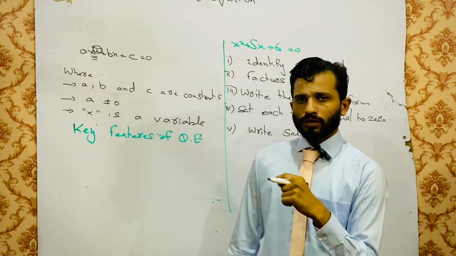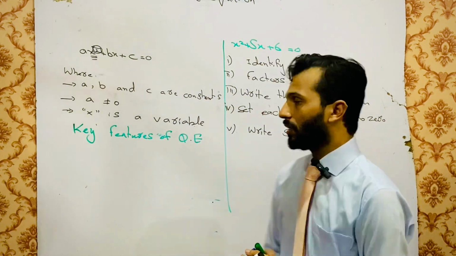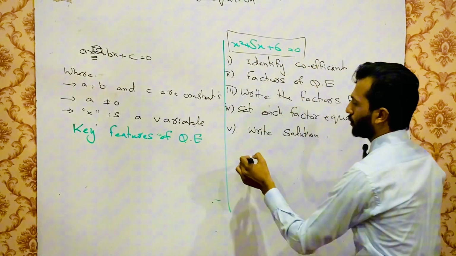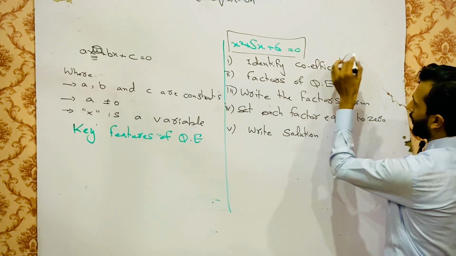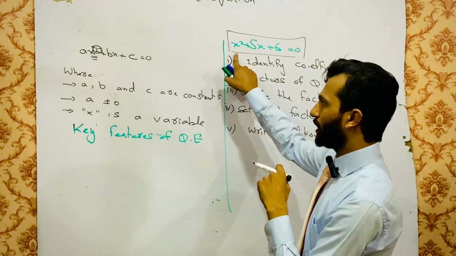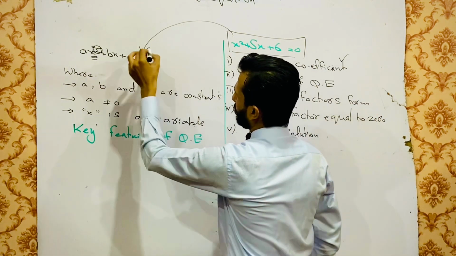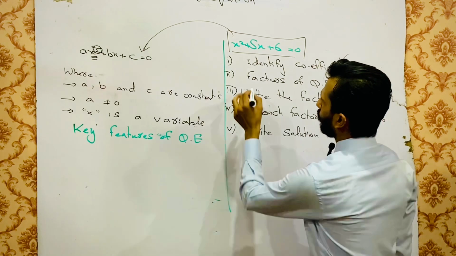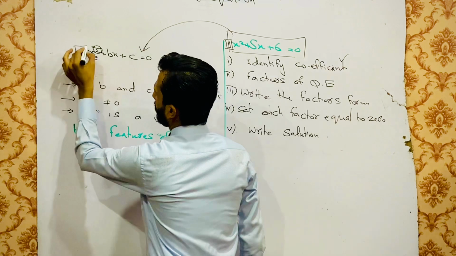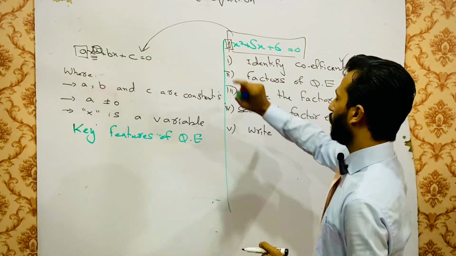Now we will solve this quadratic equation using the factorization method. The quadratic equation is x square plus 5x plus 6 is equal to 0. First of all, identify coefficients. Compared to the standard form, the coefficient of x square is a, and a is equal to 1.